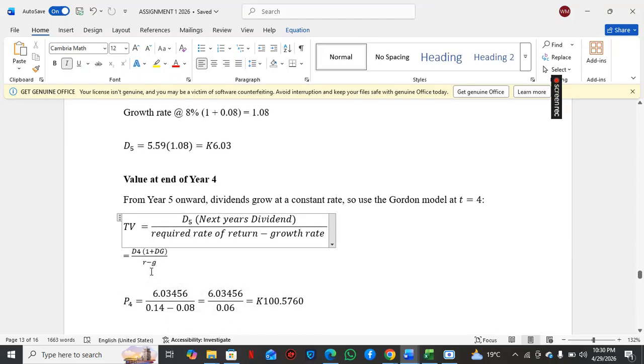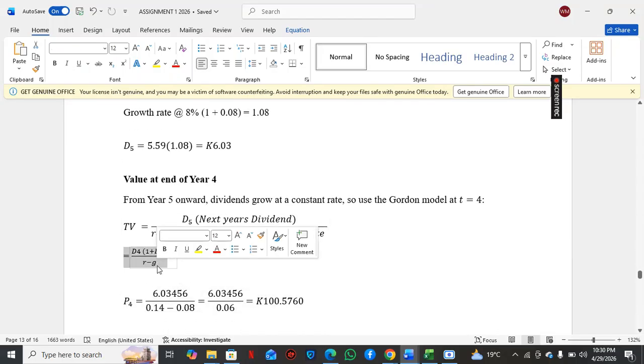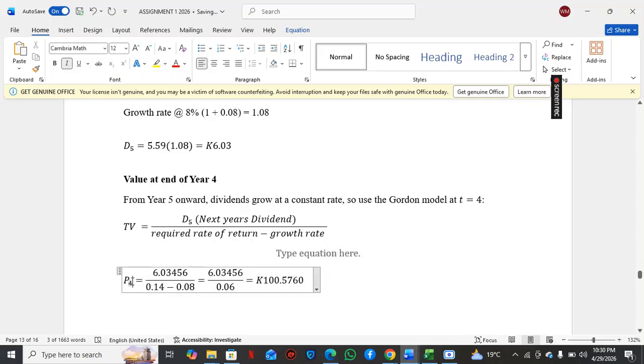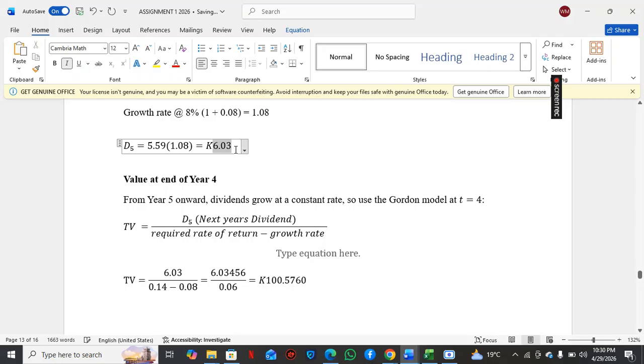So 6.03 divided by 0.14 minus 0.08. 0.14 minus 0.08, you get 0.06.